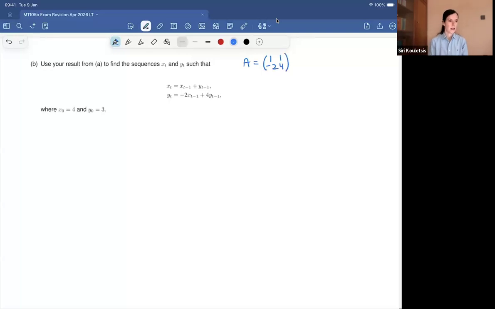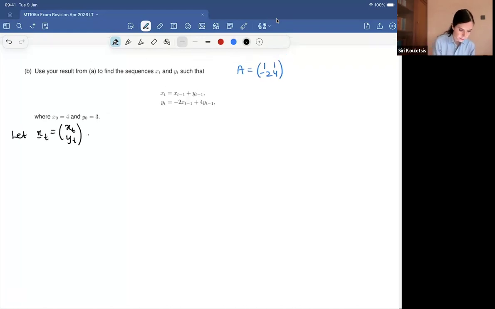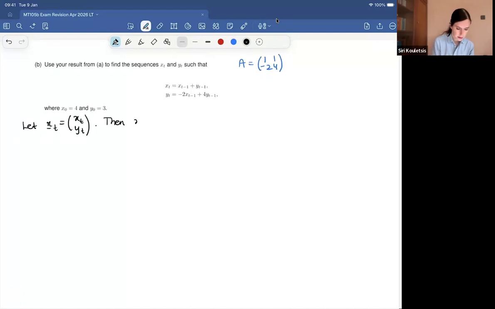So you can see here that our system of sequences, where we have xt here, is the vector xt, yt. This system that we have above is simply A times xt minus 1.